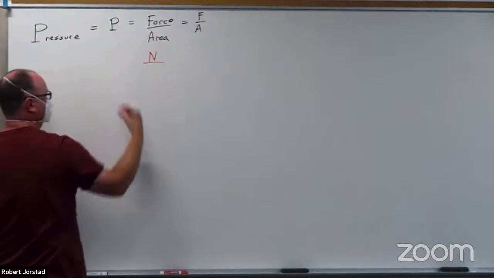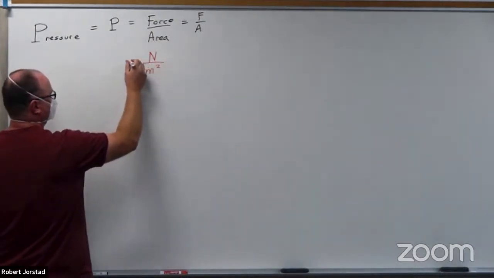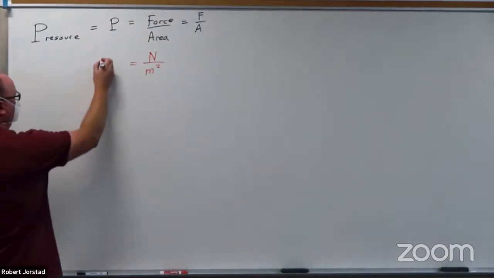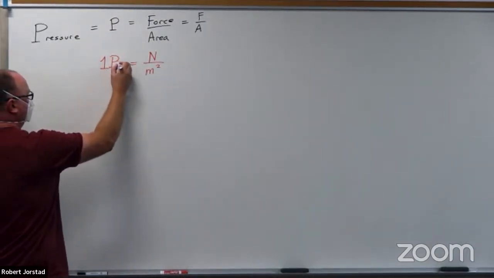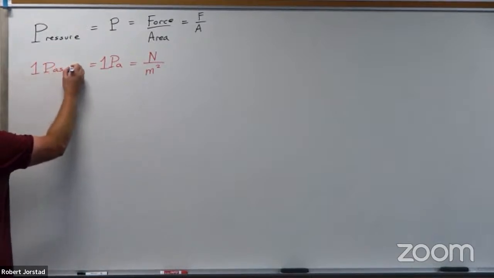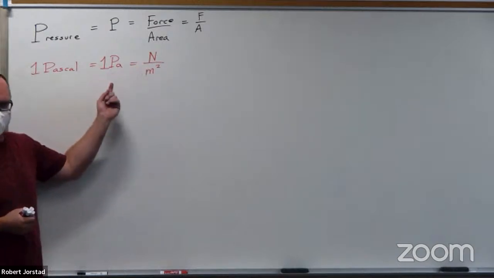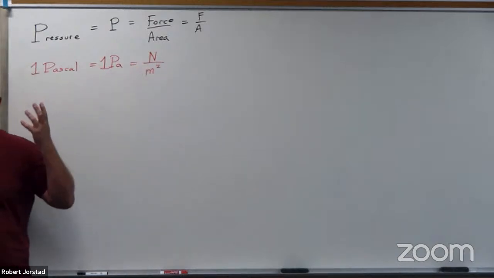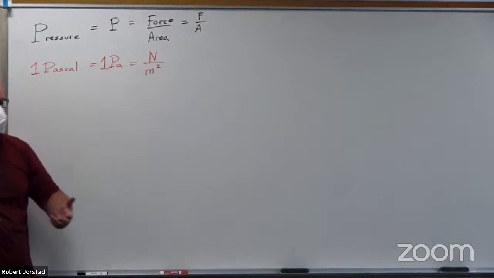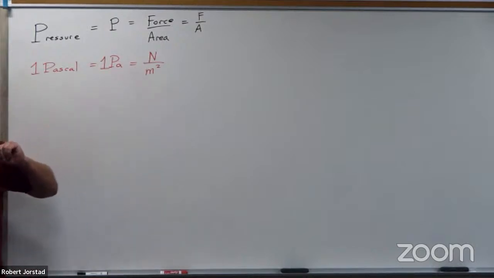What are the units of area? Meters squared. This is a convenient unit. We call it a Pascal. So physicists don't use ATMs, usually. They might, and we will on occasion. But we like to use Pascals because physicists often care about forces. And so this is the unit that matches up to force easily. So far, so good?